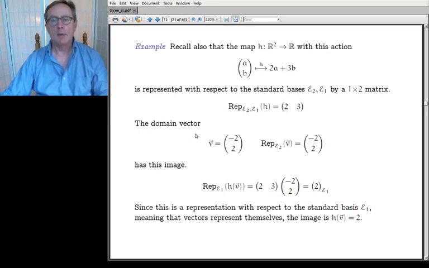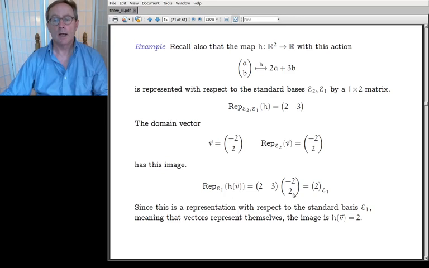But anyway, you'll remember from a prior slide, if I take a domain vector, for example, minus 2, 2, represented with respect to the standard basis, of course it represents itself. That's the easy thing about the standard basis. And then if I want to figure out what is h of v, what does h do to negative 2, positive 2, when a is negative 2 and b is positive 2. Well, you take 2, 3, that's a 1 row, 2 column matrix.